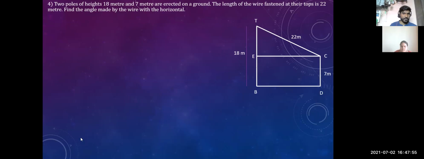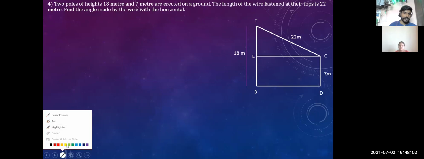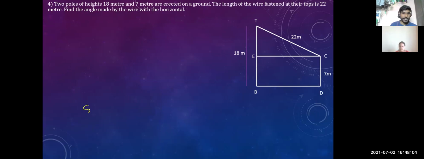We were on sine equals to. Sine C, we got sine of angle C as half. And I had asked you, at which angle is sine half?